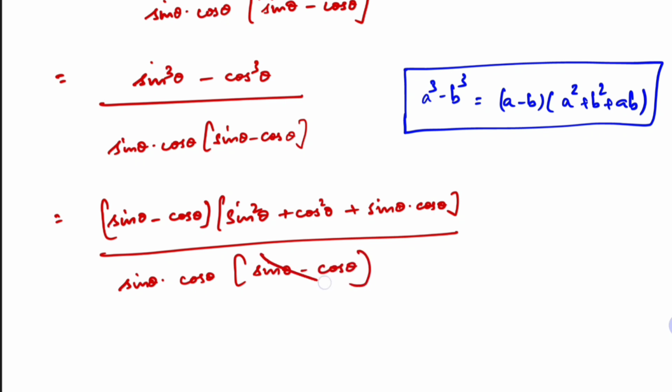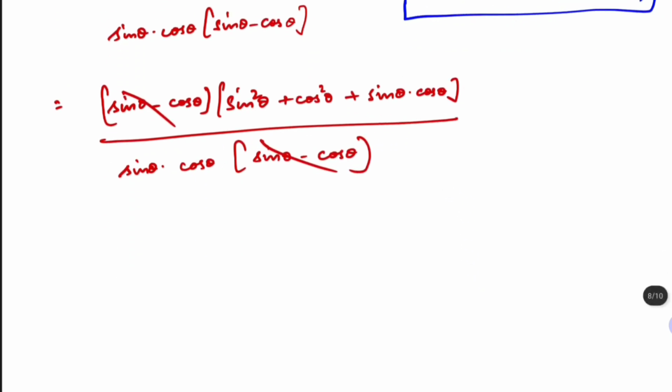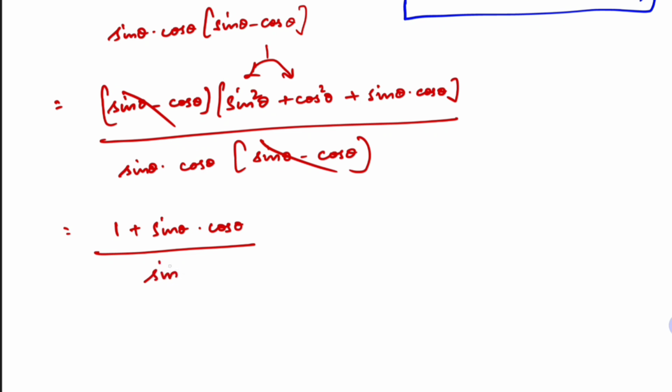We can cancel out sin theta minus cos theta. We also know that sin square theta plus cos square theta is 1. So let us write 1 plus sin theta into cos theta divided by sin theta cos theta.